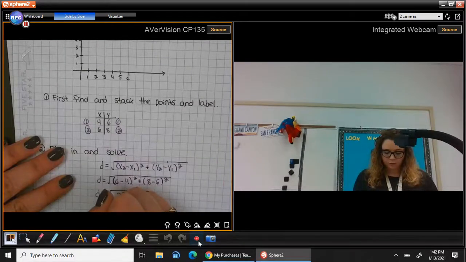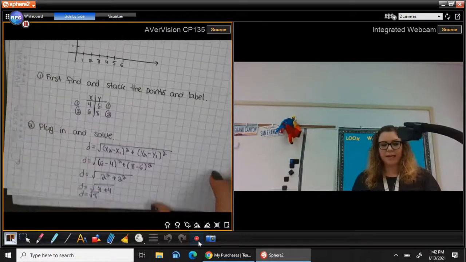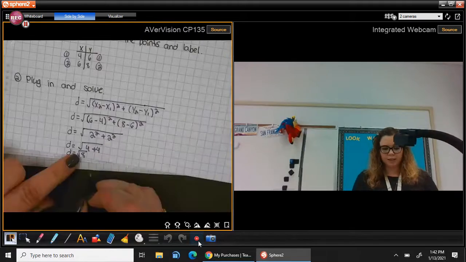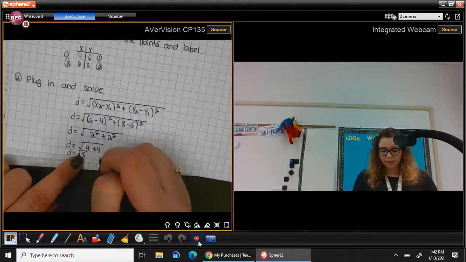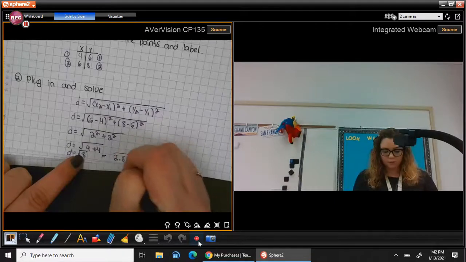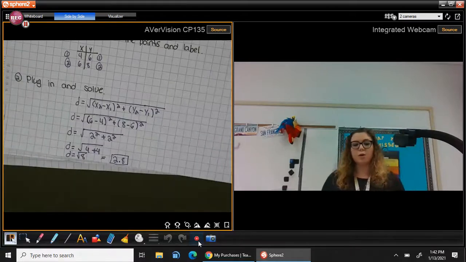So d equals the square root of 8. I'm going to plug this in the calculator and round to the tenths place, and I'll get 2.8. And that's the distance between the 2 points on that graph.